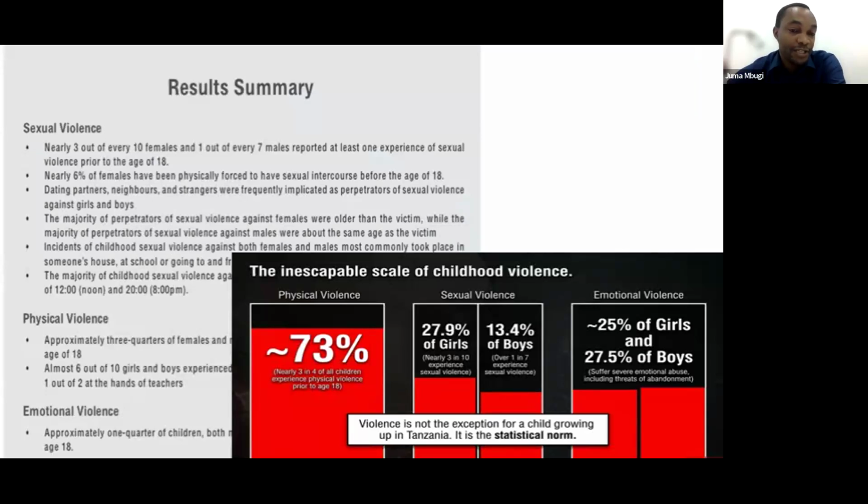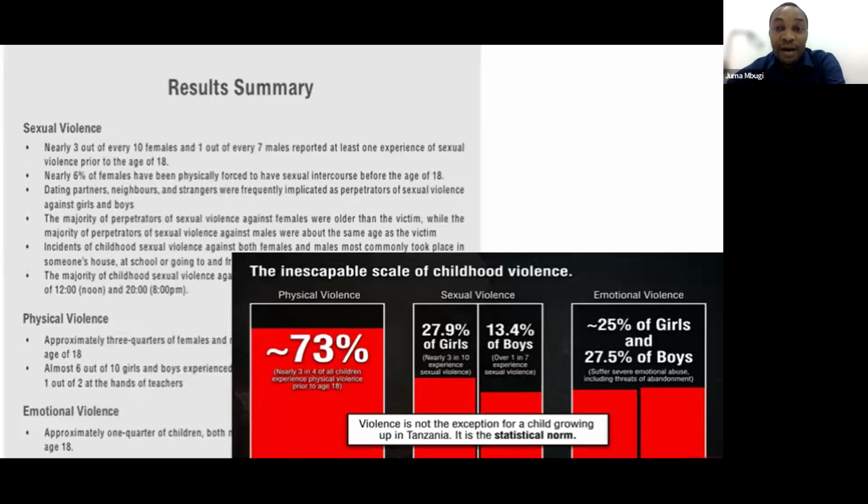This was a questionnaire study, so it might have some drawbacks, but it still reflects some of the problems in our society. And for sexual violence, among girls, around 27.9%, which is 3 out of 10, experienced sexual violence, and boys, 13.4%, which is over 1 in 7, experienced sexual violence, and emotional violence as displayed in the figure.